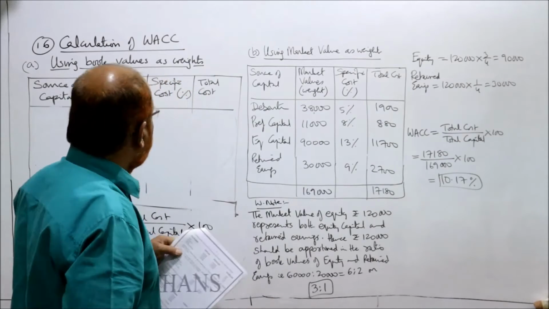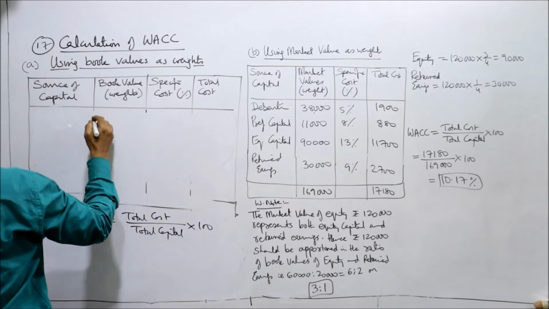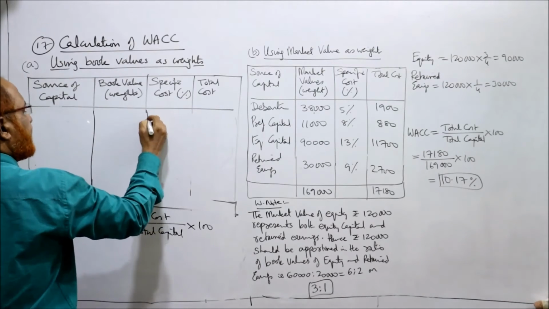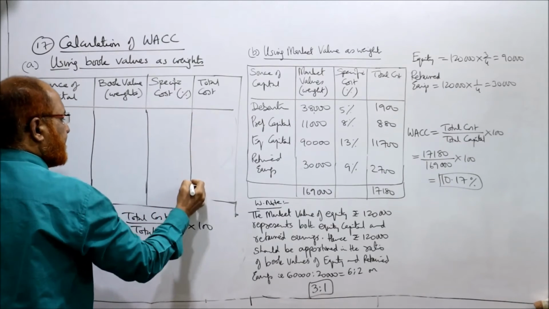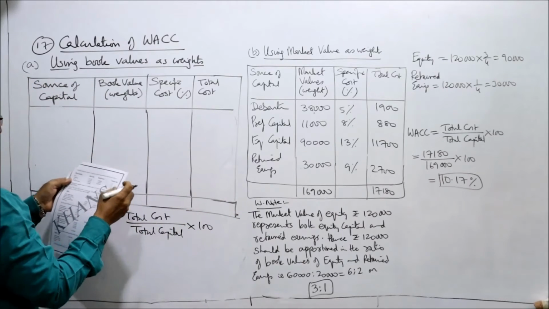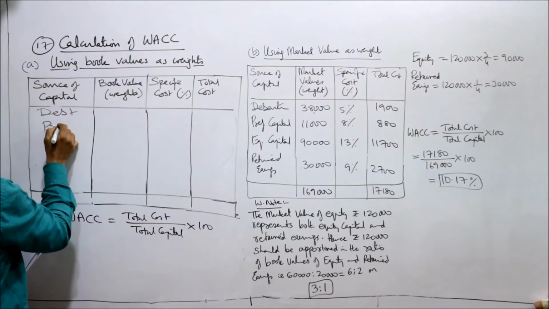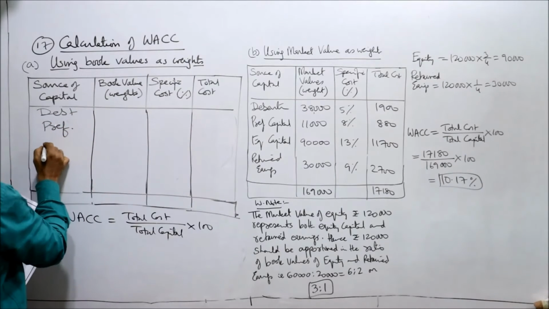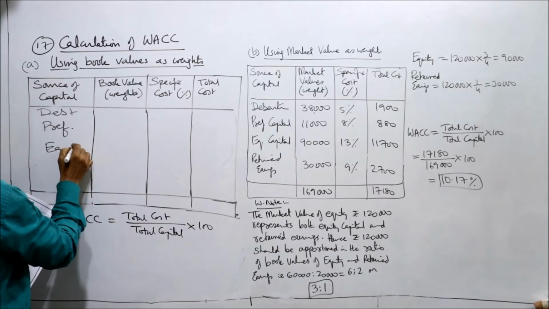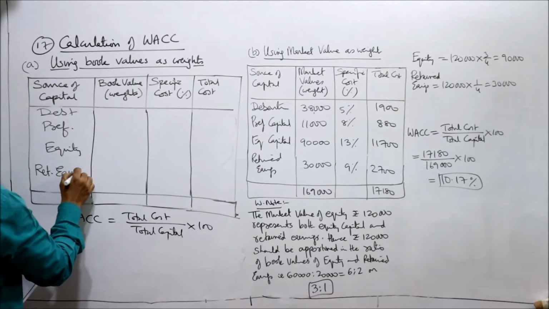This is problem number 17. So the 4 types of capital are debt, preference, equity, retained earnings.